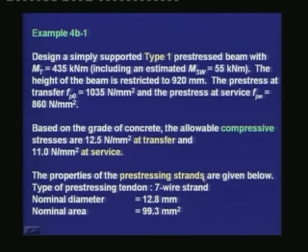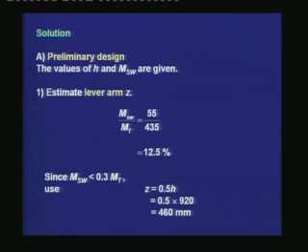The properties of the prestressing strands are given below. The type of prestressing tendon that we are using is a 7-wire strand. The nominal diameter is 12.8 millimeters and the nominal area is 99.3 millimeters square. Thus, we are given the total moment, which includes an estimate of the self-weight moment.